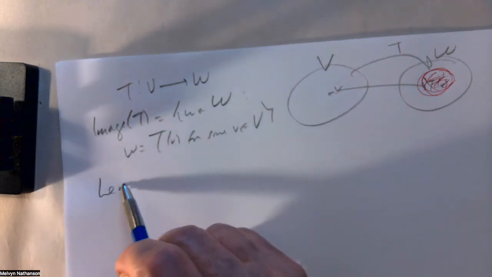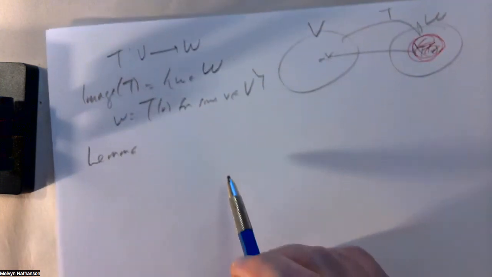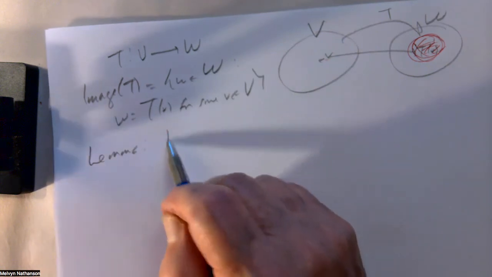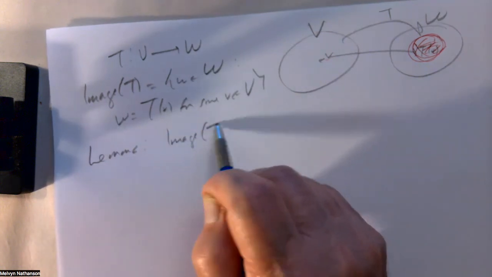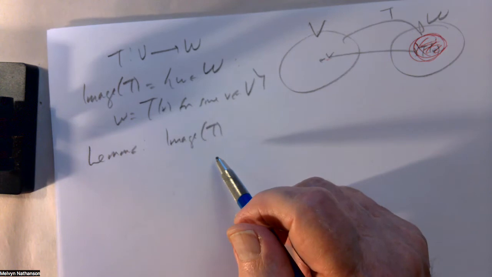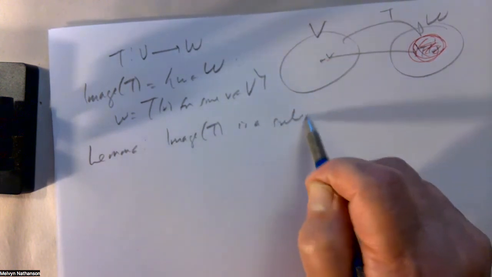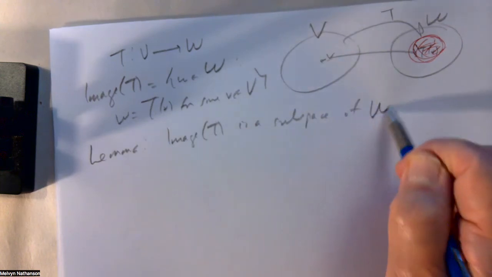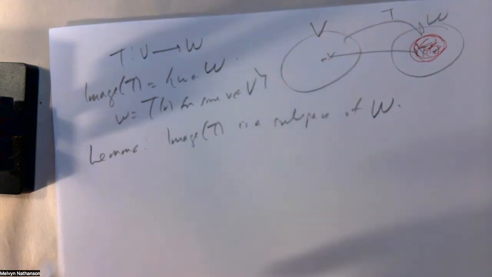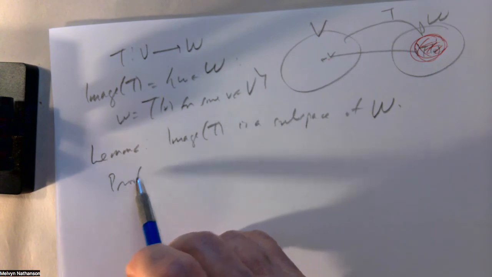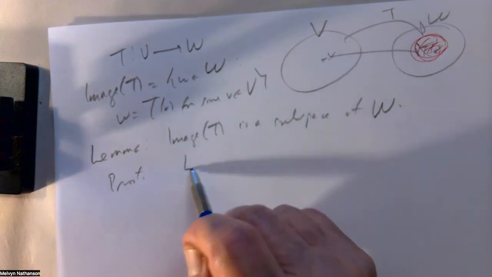And another lemma says that the image of T is a subspace of W. And the proof goes as follows.